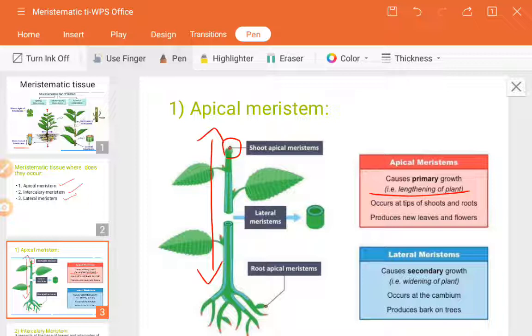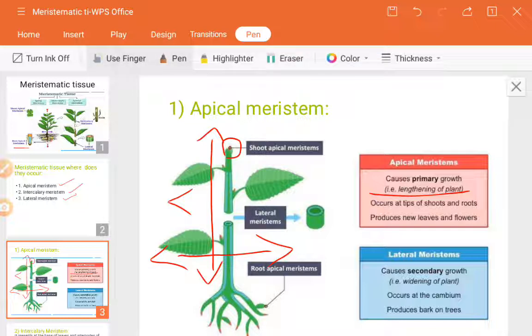Okay, so what about the lateral meristems? They always lead to secondary growth. Secondary growth means, guys, this is increasing in width. So from this leaf to this leaf, it is widthwise increasing, this is the secondary growth, and this is the primary growth.